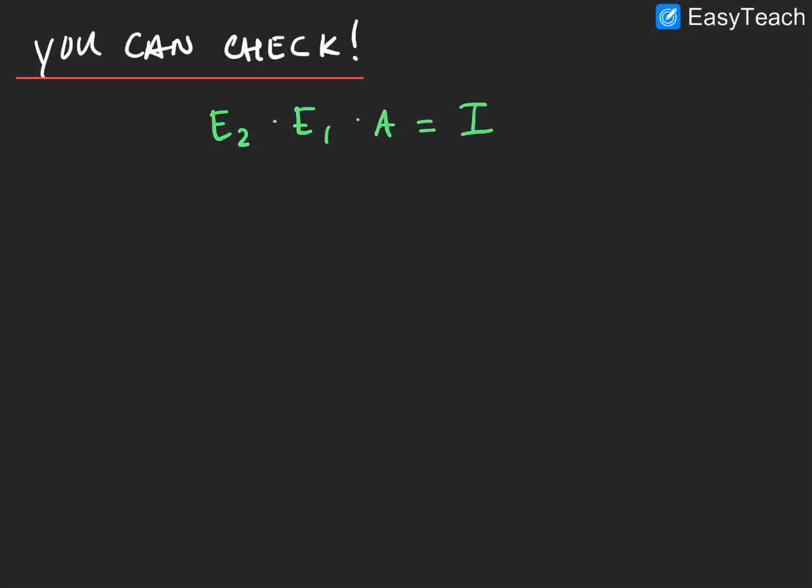If you get that equal to the identity matrix, which was 1, 0, 0, 1, you know you did it correctly. A couple things to know about elementary matrices is that all elementary matrices are always invertible.